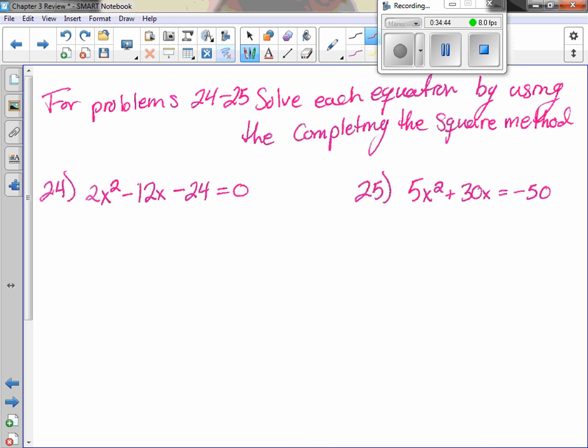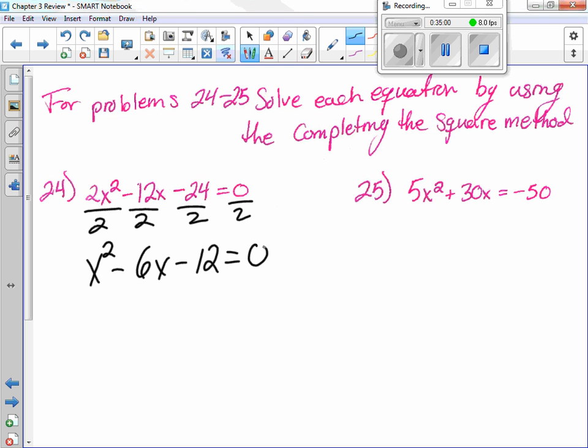So we could do that, but the first step is a equal to 1. So I would divide by 2 first. Divide everything by 2, which will give us x squared minus 6x minus 12 equals 0 first.